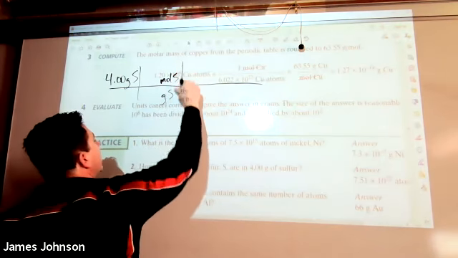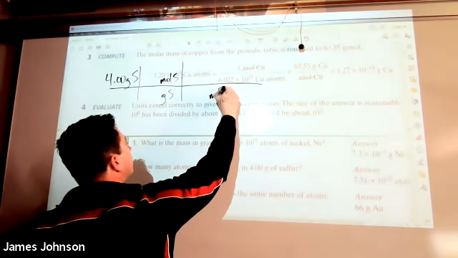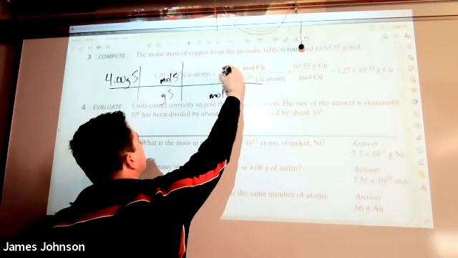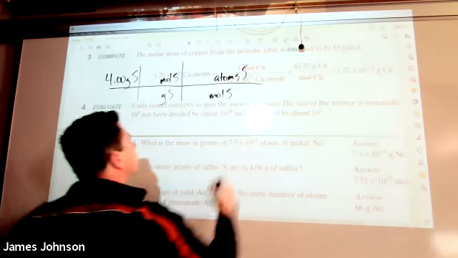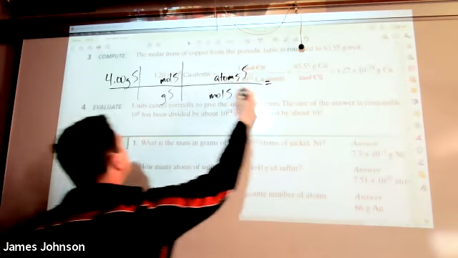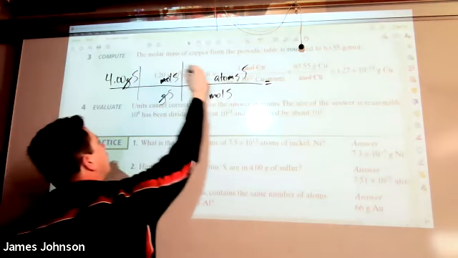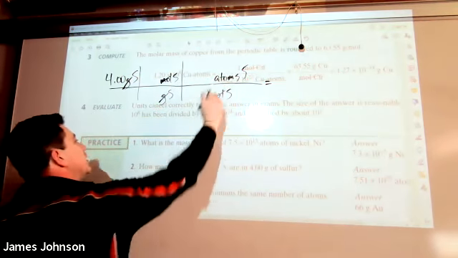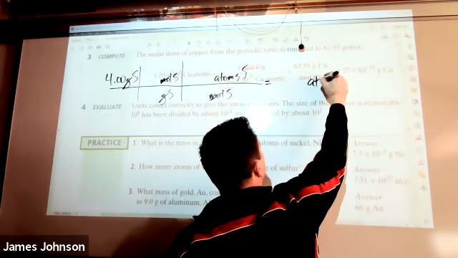Now once I'm there, I'll be able to convert out of moles and into atoms of sulfur. And you can see, once I do my calculations, grams will cancel with grams and moles will cancel with moles, leaving only atoms as my unit.